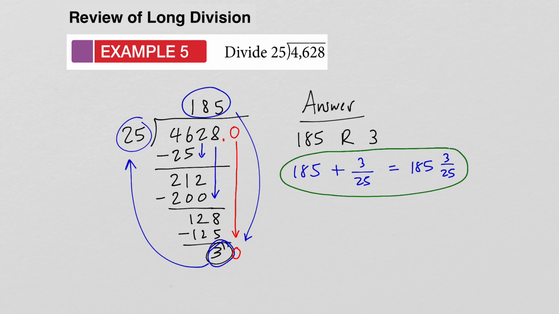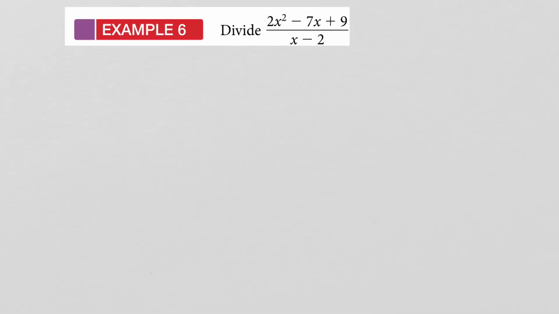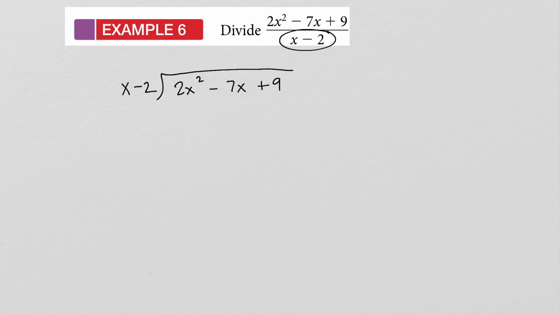So let's take a look at an example of dividing polynomials using long division. Suppose we want to divide the polynomial 2x squared minus 7x plus 9 by x minus 2. So the x minus 2 goes outside of the long division symbol.